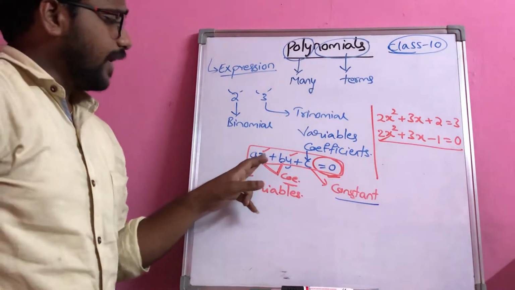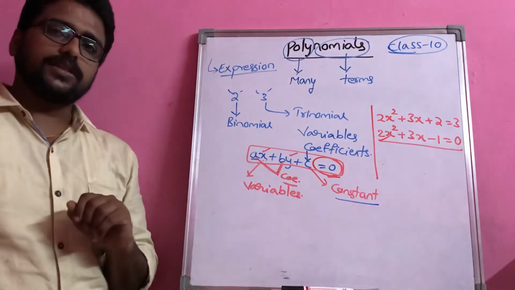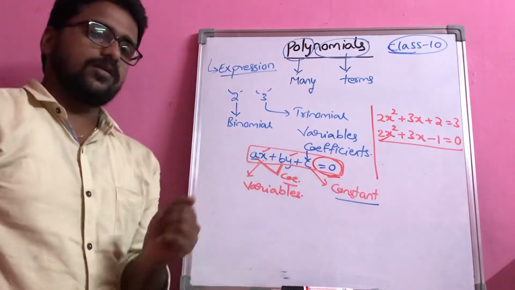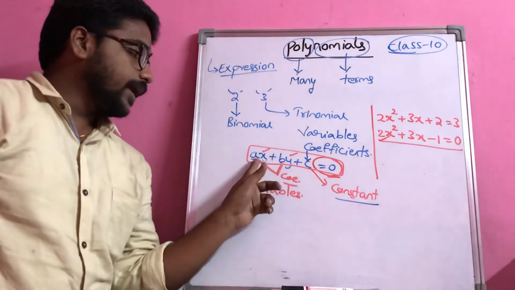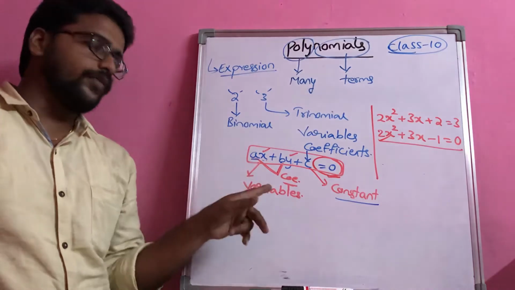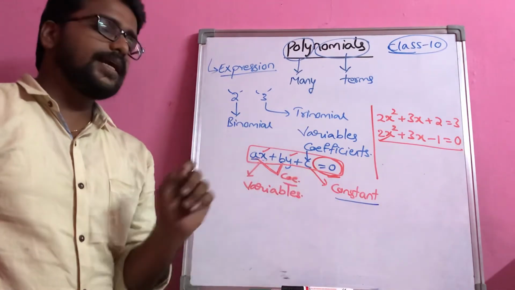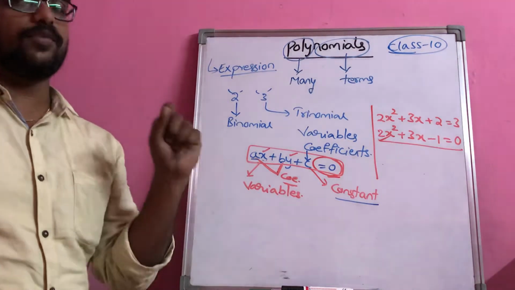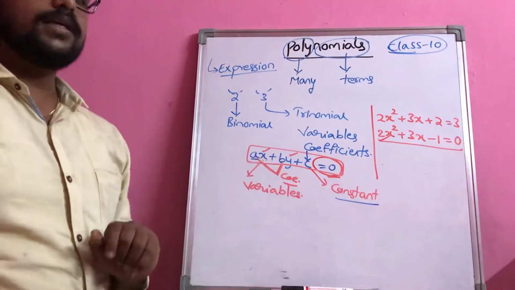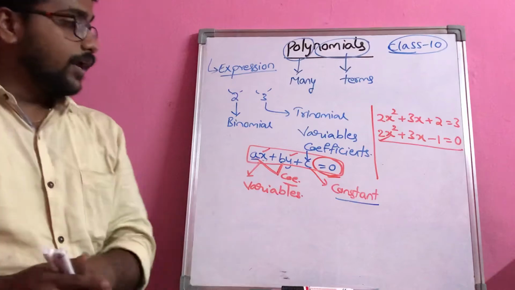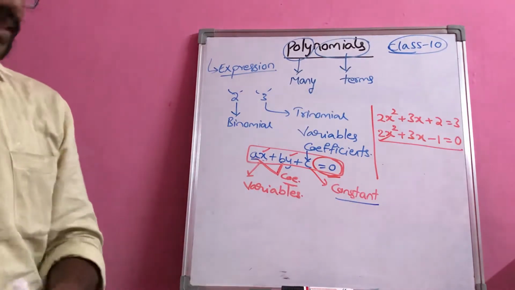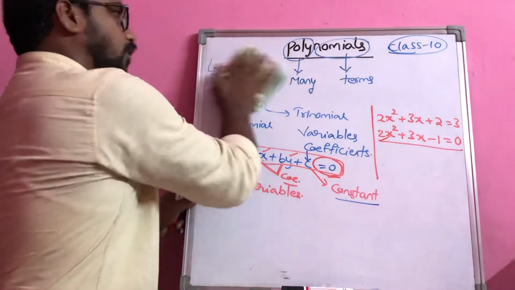Whereas a and b are called coefficients and c is called a constant. Why? Because a and b are associated with the variables, we name them coefficients, whereas c is not associated with any variable, so it is called a constant. Right? Now this is the basic definition of a polynomial.